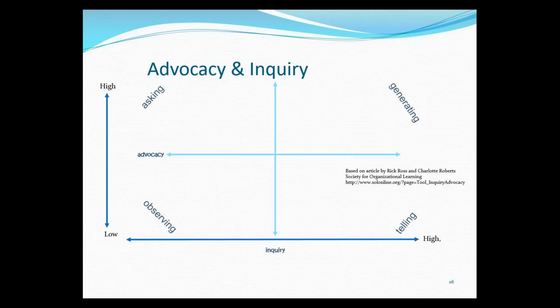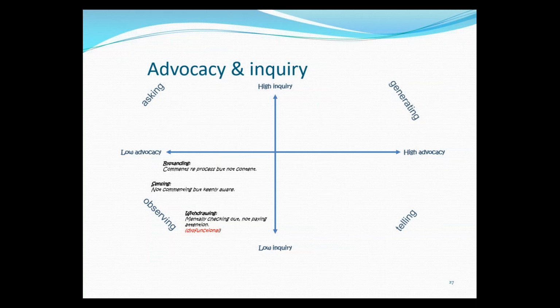And so the people who came up with this whole concept put that on an XY grid here, where we're trying to balance advocacy and inquiry and what that looks like. So starting out, in this 4-quadrant grid, if we are coming to a meeting, or others come to a meeting, and you've probably observed this, with low advocacy and low inquiry, those people are pretty much just sitting around observing what's going on.